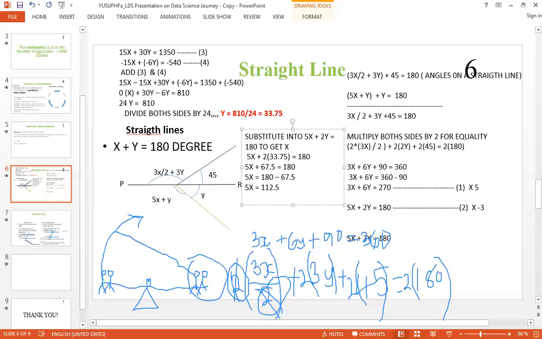So what does that simply mean? Divide both sides by 5. Your x will now be equal to 112.5 divided by 5, which is 22.5. So that's the value for x.